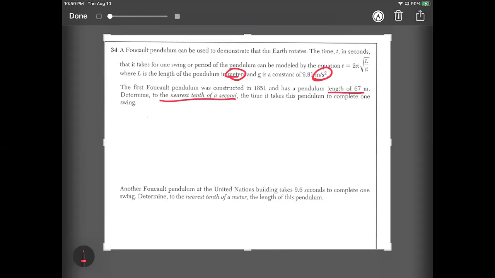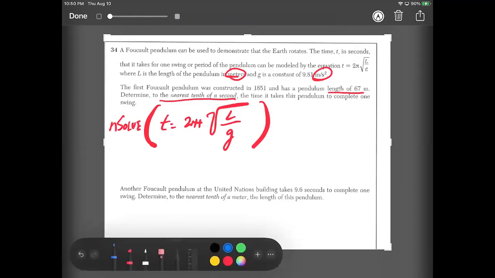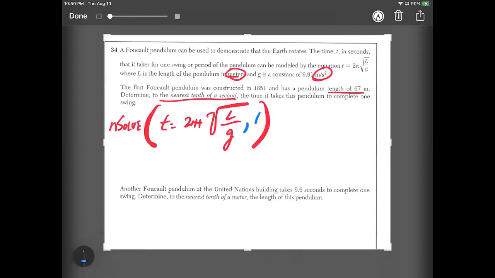So we're going to use this formula, 2 pi square root of L over G. Once we get all of this information in, we're going to use nsolve to solve it. Since we're solving for T, that's what we're going to do.